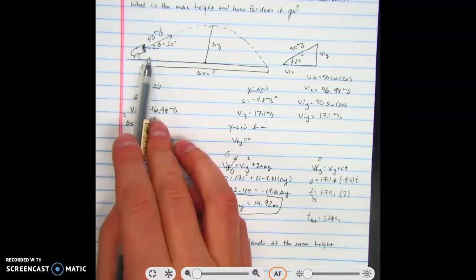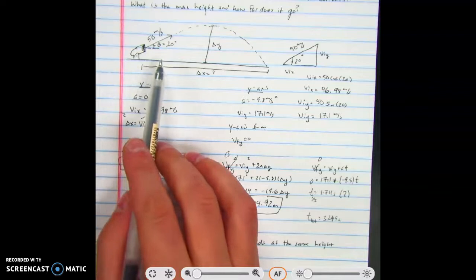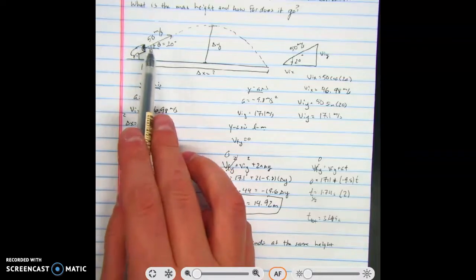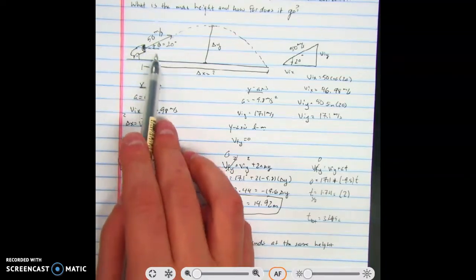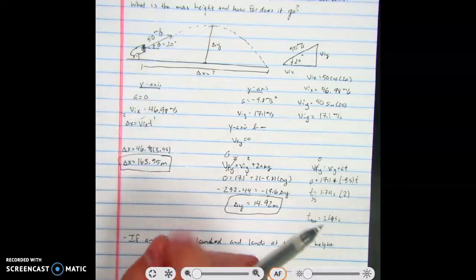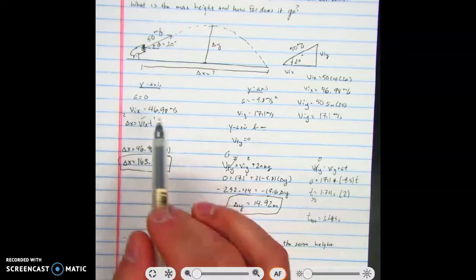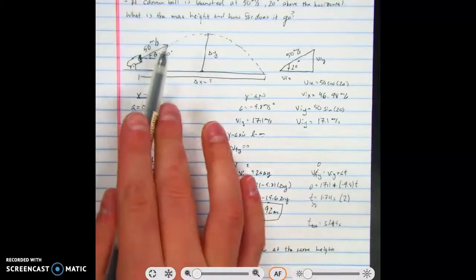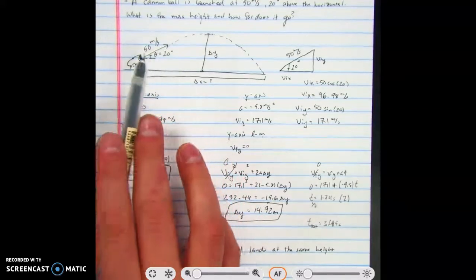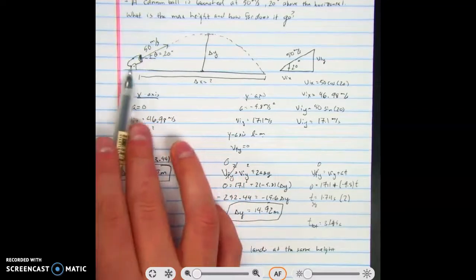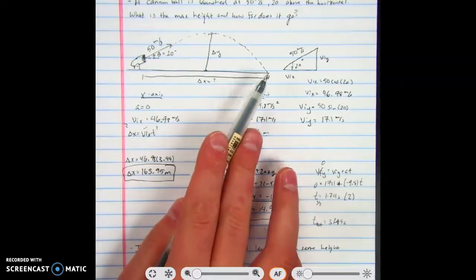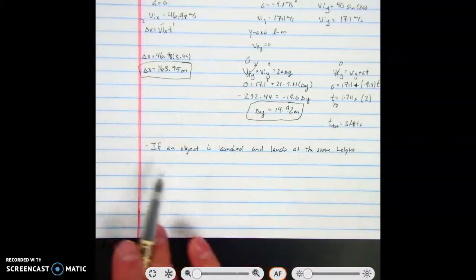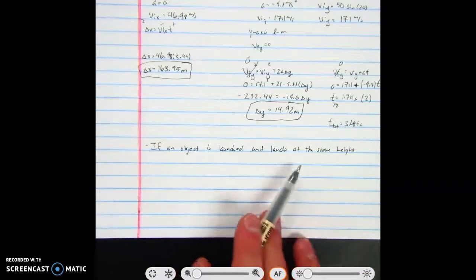But more often than not, unless I specify differently, and we'll do questions like that later, when an object is launched in this class, we're going to say it's launched from quote-unquote ground level. So unless I specify explicitly that this object is launched from anything different, it's a good assumption that it's always launched from ground level. So in this case, we're saying that this cannon is launched and it lands at the same level, or same height.